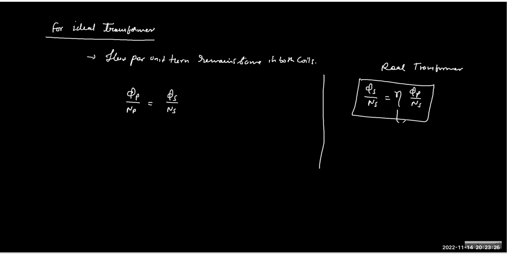Eta will come as a fraction. So maybe if 10% is lost, then eta becomes 0.9, correct? If 10% of the flux is lost while going from here to there, the secondary will receive only 90% of what the primary is receiving or producing. Understood?